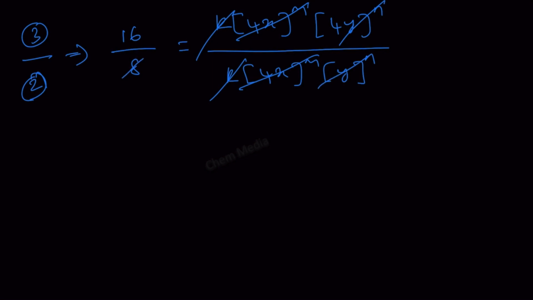Therefore, this will be 2 equal to 4 to the power n, which we can write as 2 to the power 1 equal to 2 squared to the whole power n.